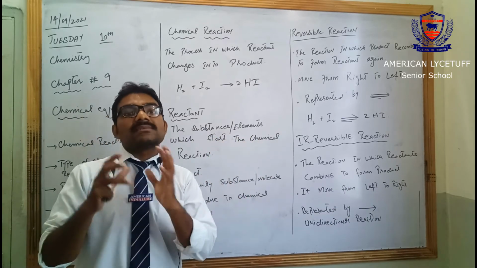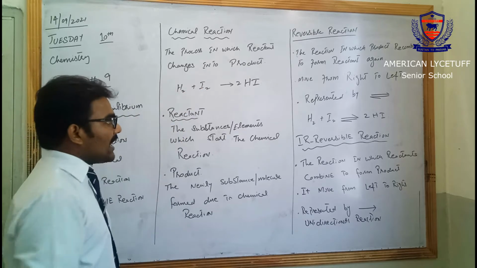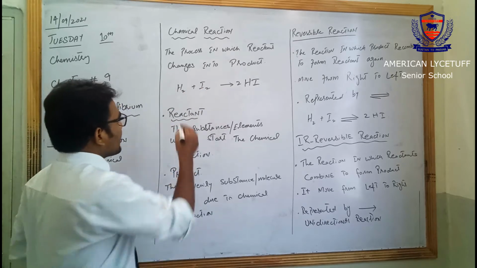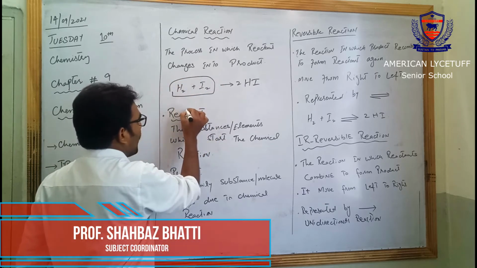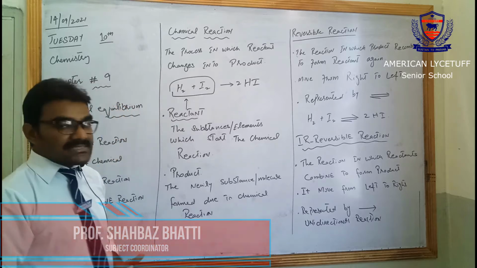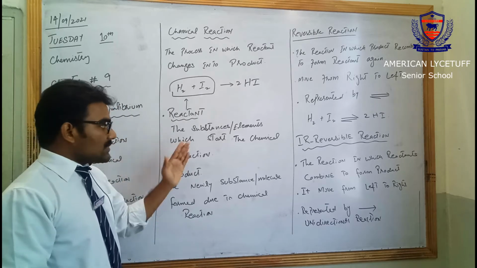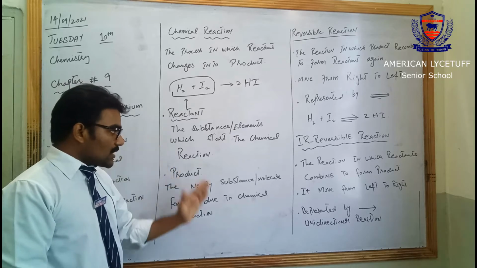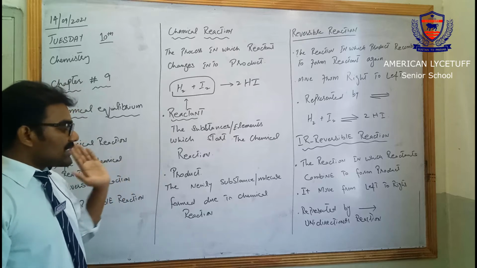These elements are reactants. In the same manner, when hydrogen and iodine combine, the reactants are hydrogen and iodine. Again, repeat after me. The substance or element which is required to start a chemical reaction is known as reactant.